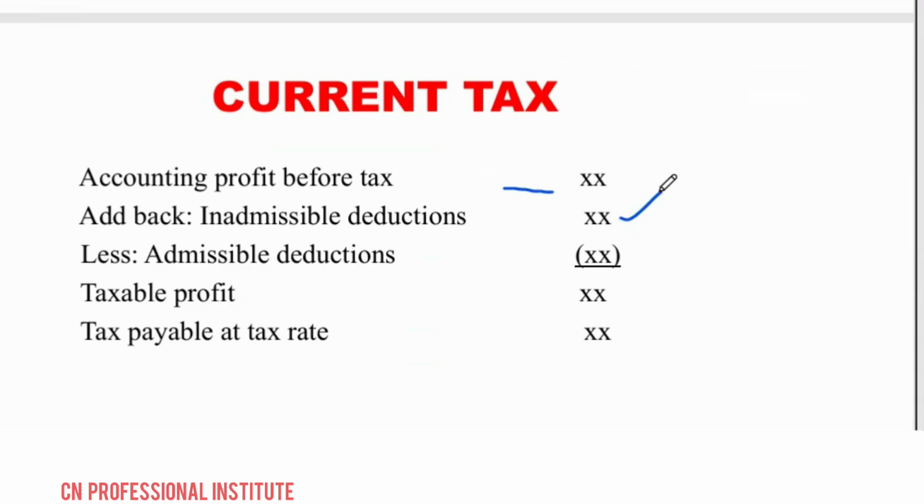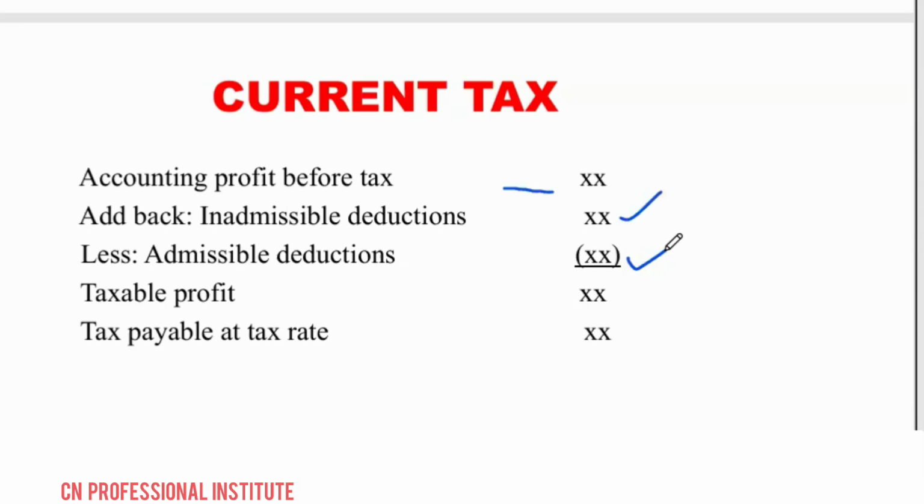You add them back, and then you less admissible deductions. We have income that was added, so profit increased, but it is not taxable. If that income is not taxable, let's go and less it.